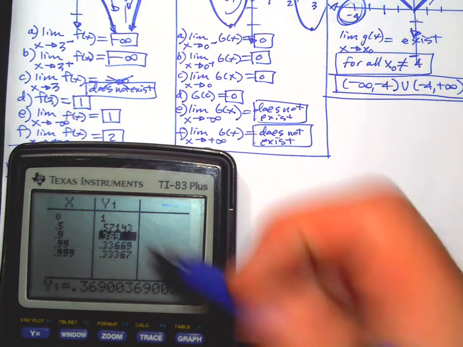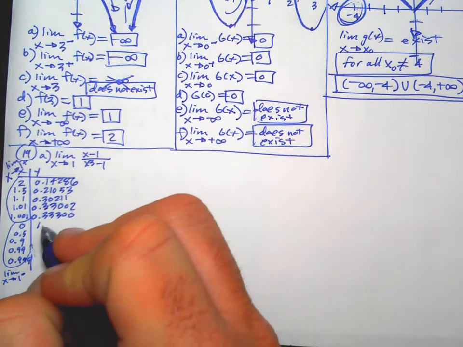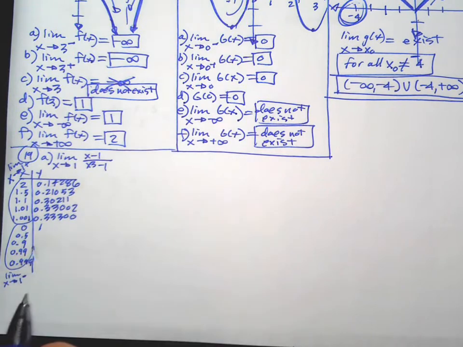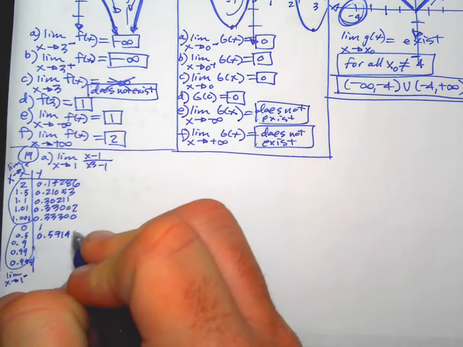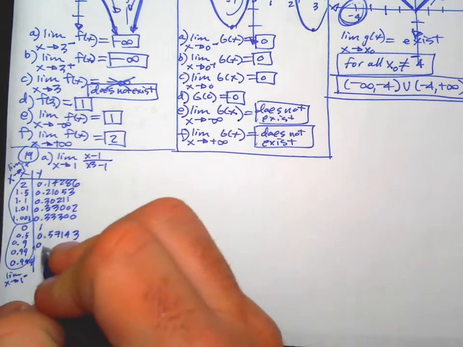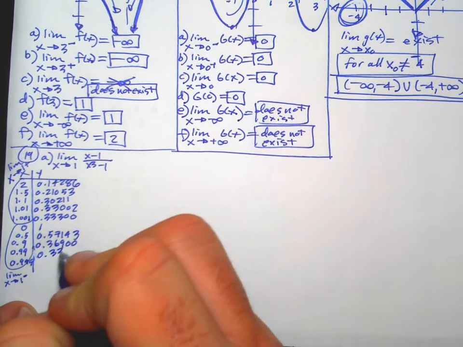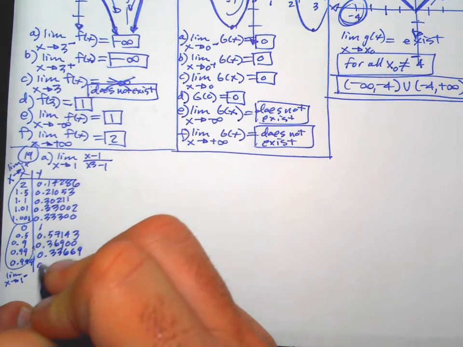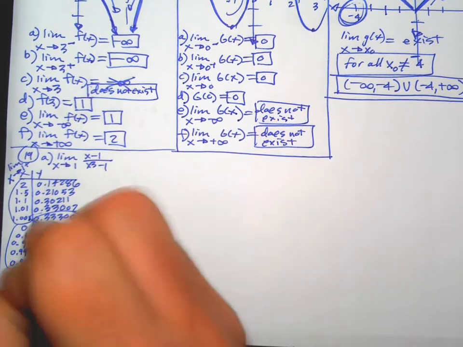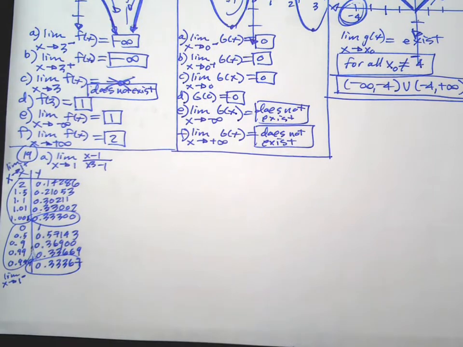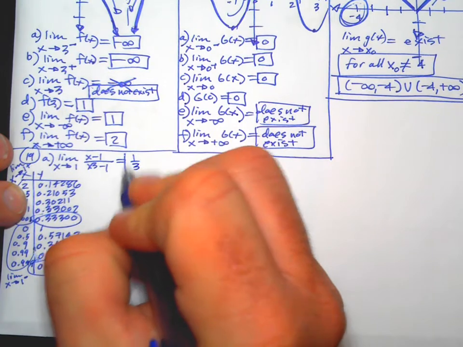Remember, we can highlight them to see more accuracy. So that's going to be 1. And that's going to be 0.57143, 0.36900, 0.33669, 0.33367. So both of these appear to be going to 1/3. So that's what I'm going to say the answer is, 1/3.